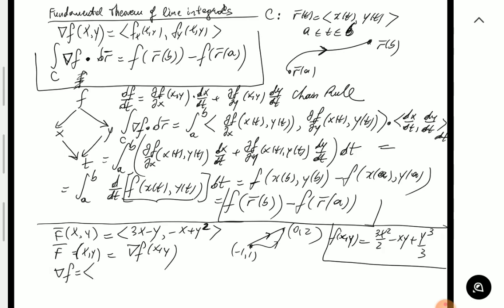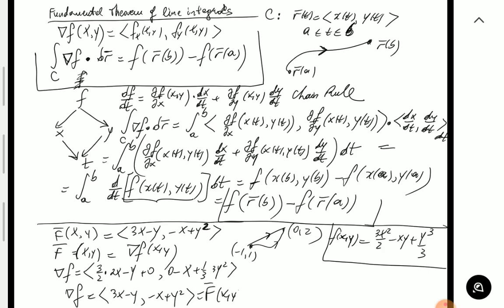Well, the gradient of little f is partial x, which is 3 over 2 times 2x minus y plus 0, and then partial y, which is 0 minus x plus 1 over 3 times 3y squared. So the gradient of this function is 3x minus y, minus x plus y squared, which is exactly my original vector field.